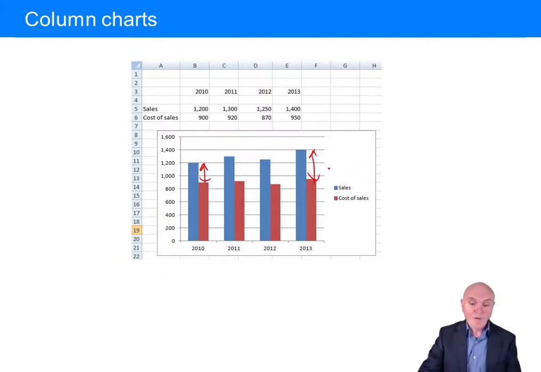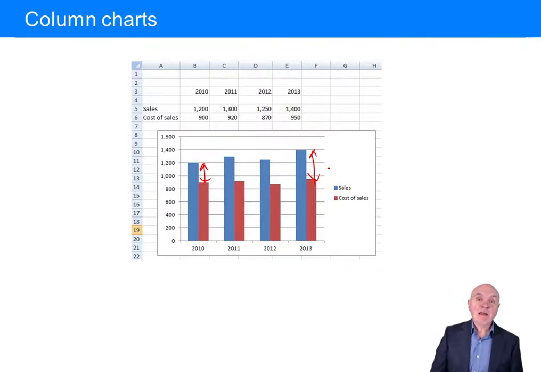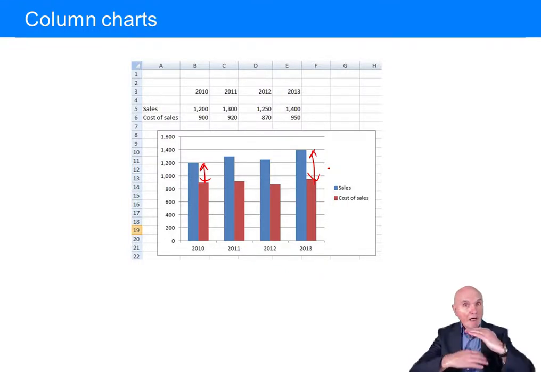This is showing you what your profit is. And we can see that not only are sales absolutely increasing, but it looks as though the profit margin is increasing as well. And this is one of the great joys of putting information into graphs. You can quickly see how the data is moving, and you can draw conclusions from that.